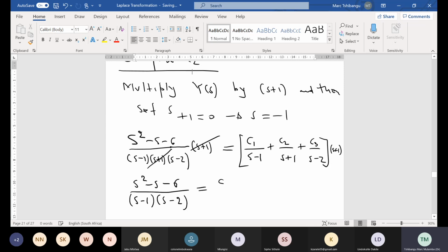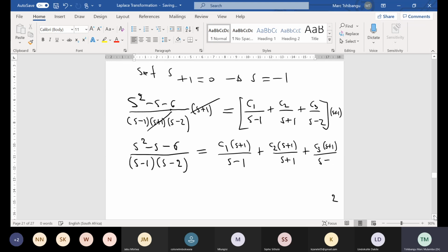Distribute, we're going to have C1 into (S plus 1) over (S minus 1) plus C2 into (S plus 1) over (S plus 1) plus C3 into (S plus 1) over (S minus 2). Let's cancel again. Let's look for like terms and then cancel them off.